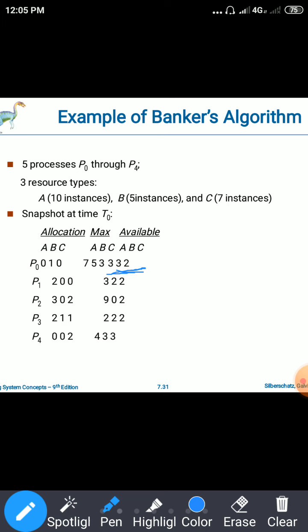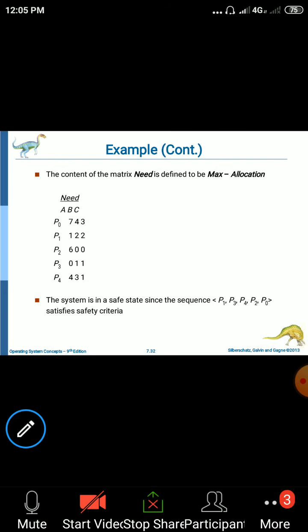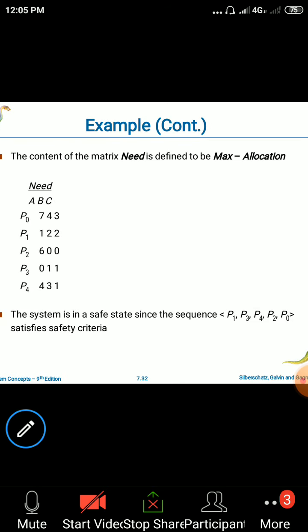Before allocation we need to calculate the need matrix. How do we calculate the need matrix? The need matrix is calculated by using maximum minus allocation.